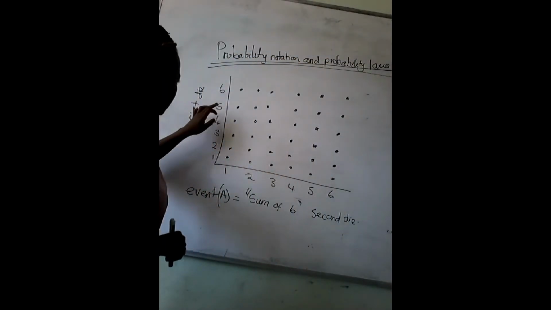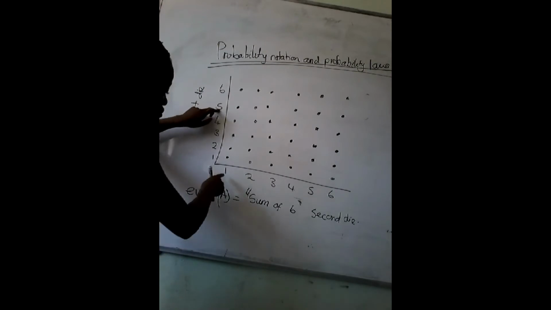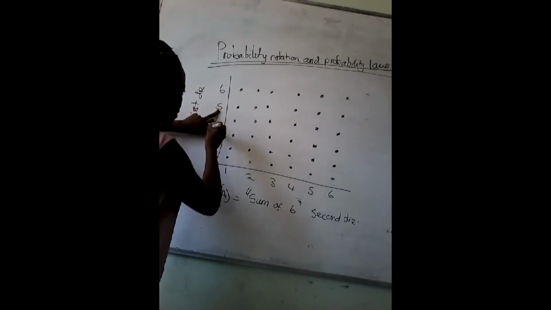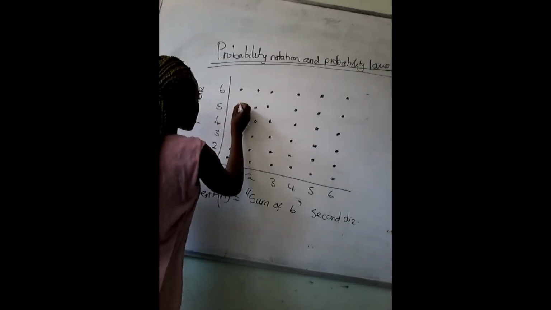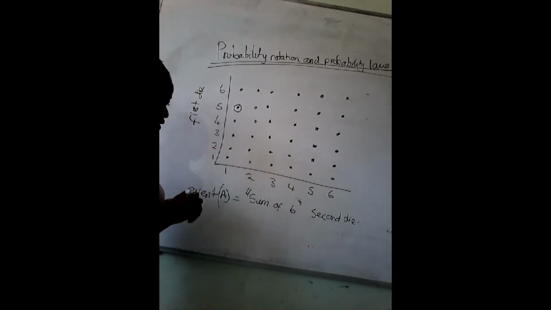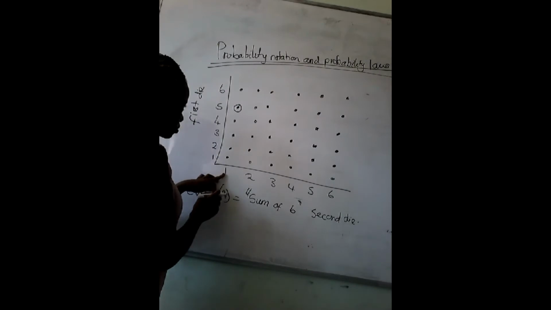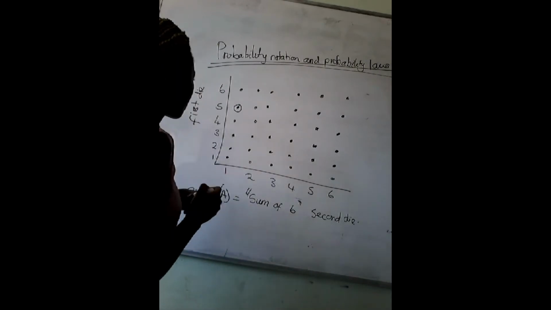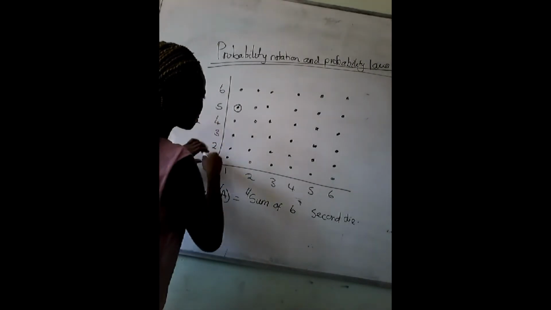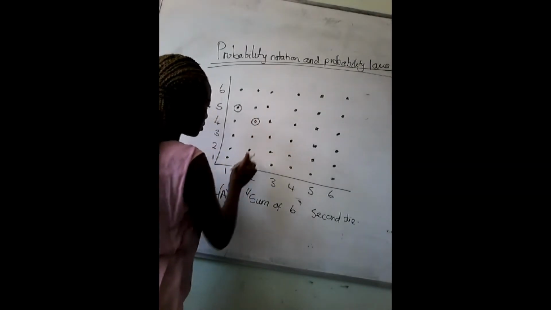I will start here. If we take 5 and 1, this would give us 6. If we take the side with 4 and 2, it will give us 6.